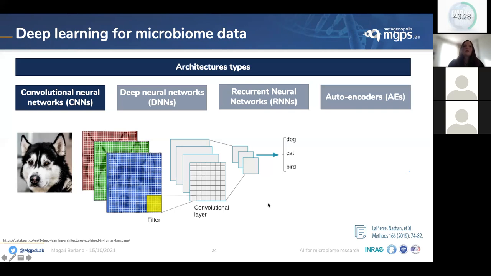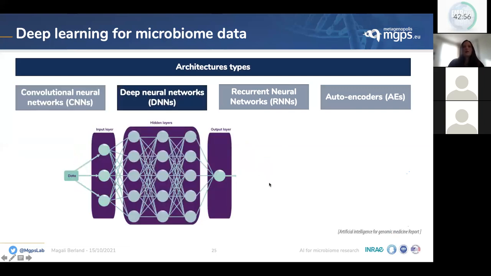But it did not work that well, and it's perfectly understandable, because when you are converting microbiome data into images, you are losing information, because when you are doing this conversion, you do not have 100% of your information. So it was clever to try, but it did not give really outstanding results.